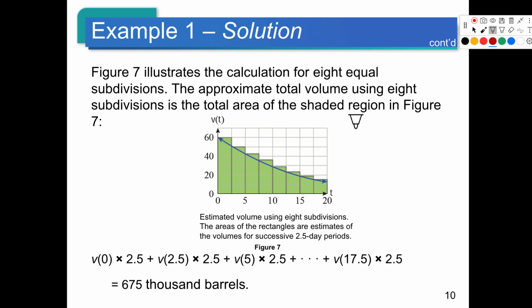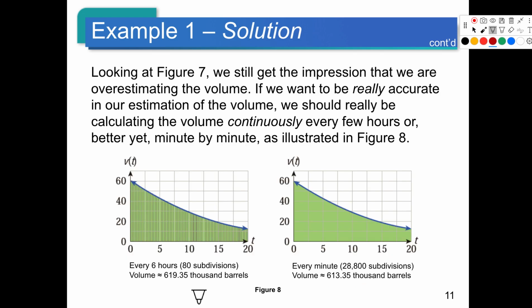Again, as we see, the more and more intervals we use, the width goes down, and we're coming to the function more often, and there's less overlap. There's less overestimation. And then we get to 675. And if we do it that many times, why not do it so many times, right? I don't know.